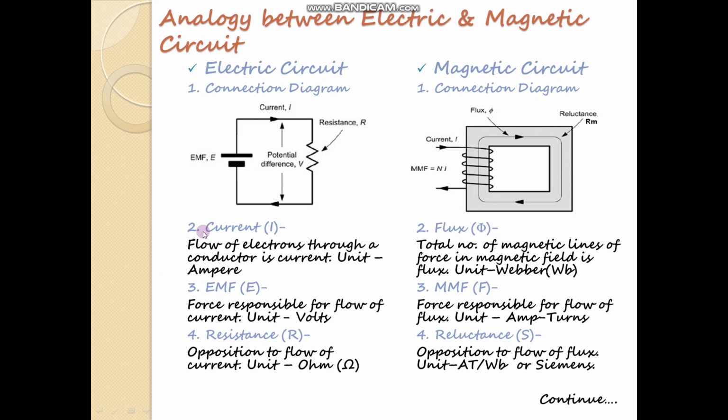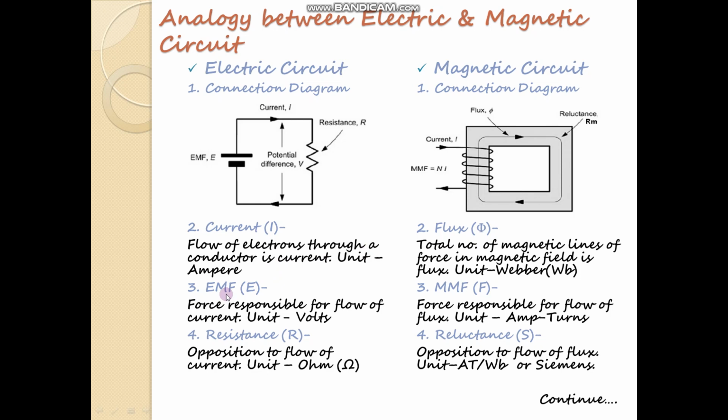The second point is, in an electric circuit, current is the flow of electrons through the conductor and its unit is ampere. In a magnetic circuit, flux is the total number of magnetic lines of force and its unit is Weber.